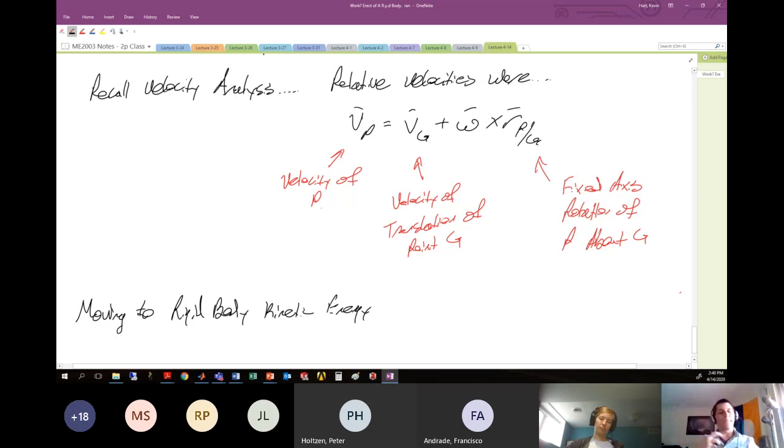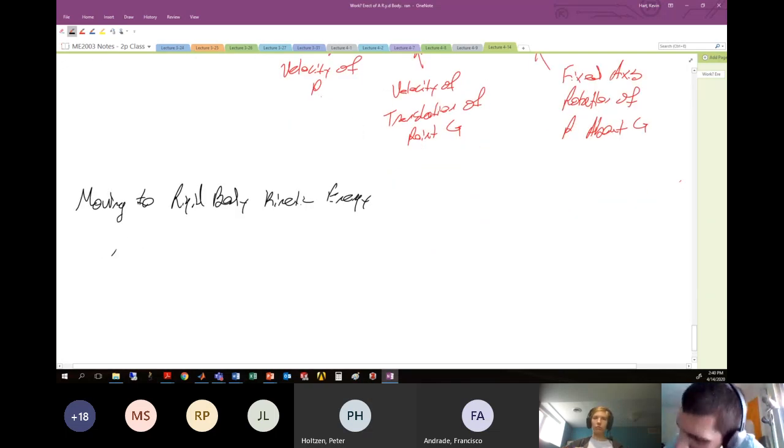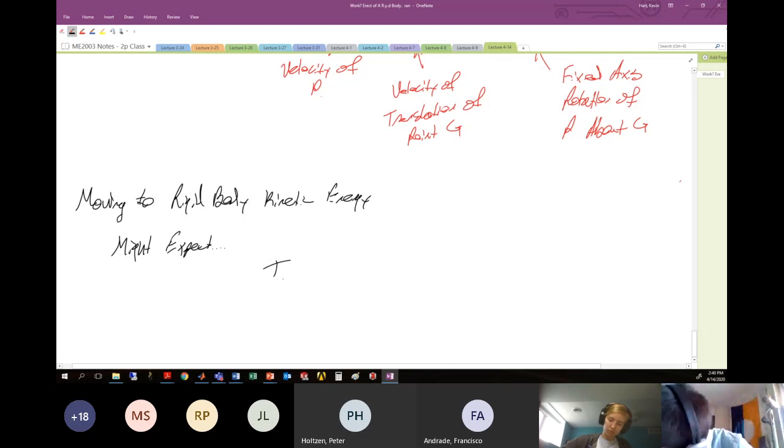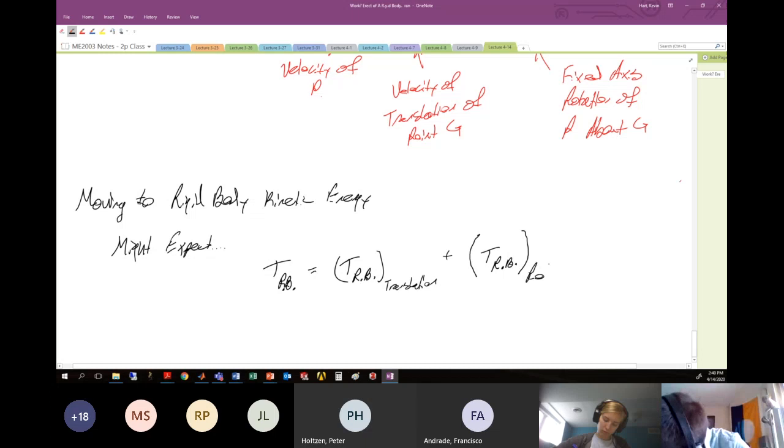Since kinetic energies are based on velocities of individual particles, we might expect that the entire rigid body kinetic energy, T_RB, is the kinetic energy associated with the rigid body translation plus the kinetic energy associated with the rigid body rotation.